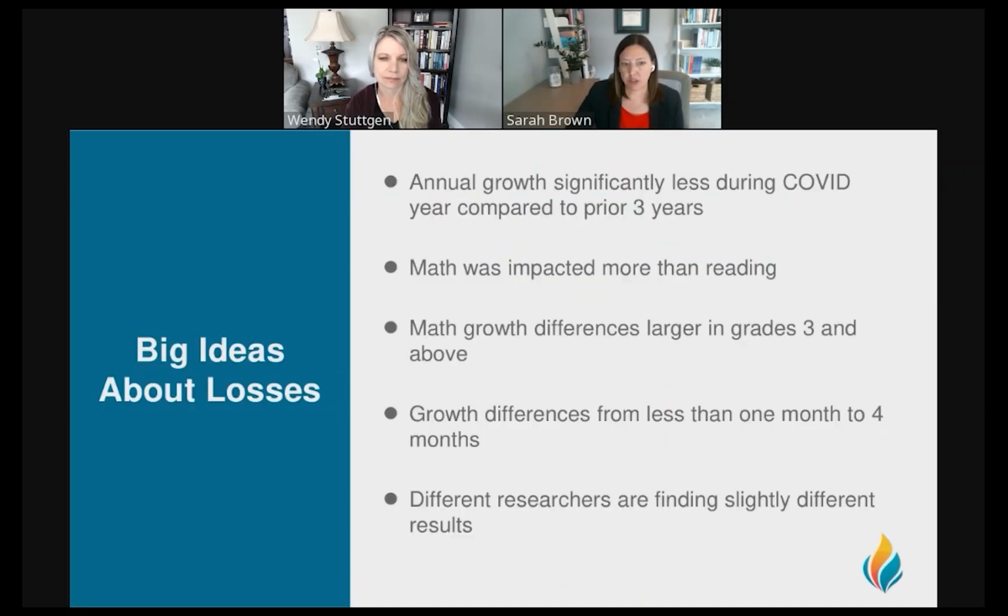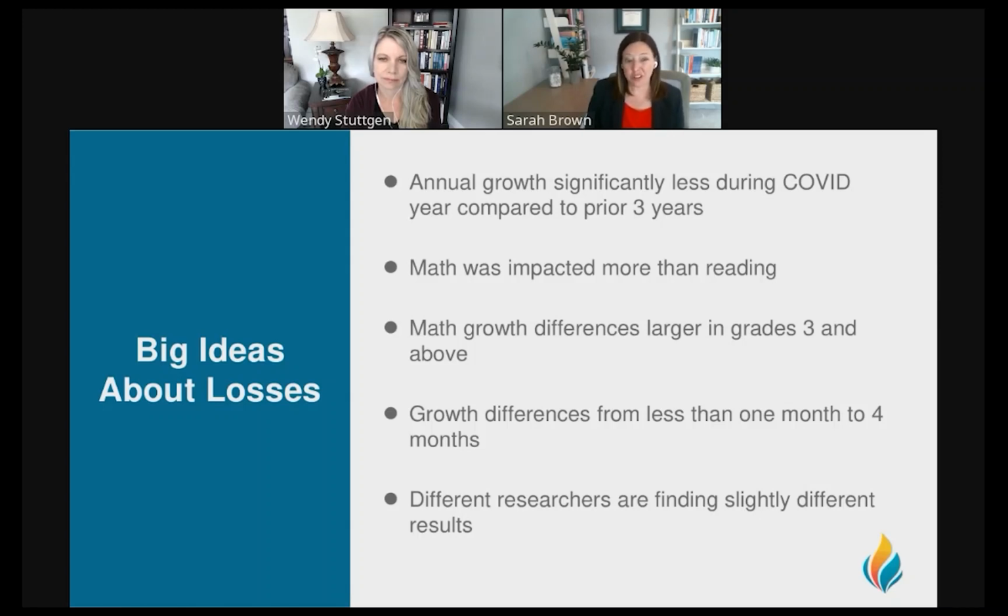To summarize this research, we noted that annual growth is significantly less during COVID years compared to the previous 3 years. Math was definitely impacted more than reading. We saw math growth differences that were larger in grades 3 and above. Those growth differences ranged quite a bit, from less than 1 month to 4 months.